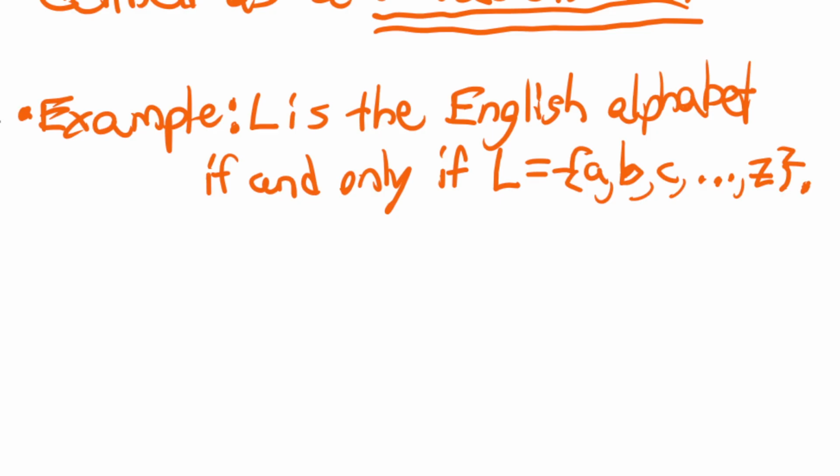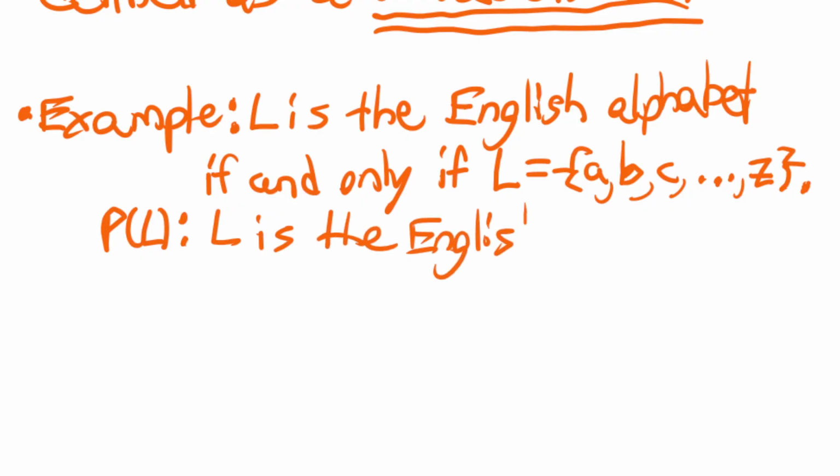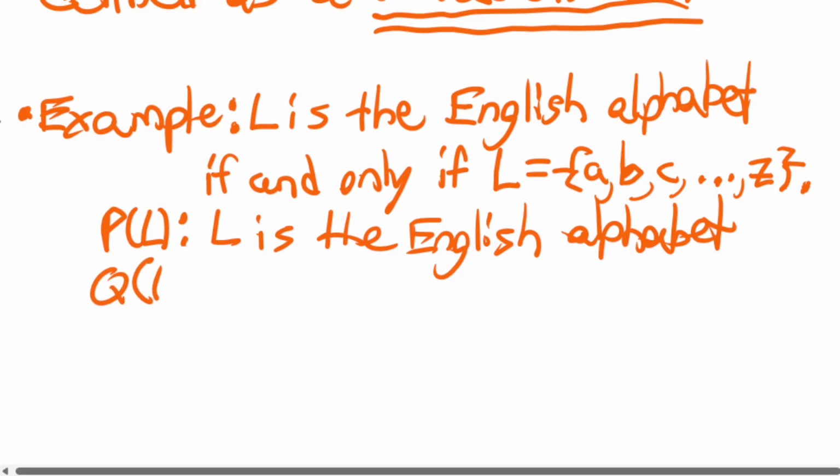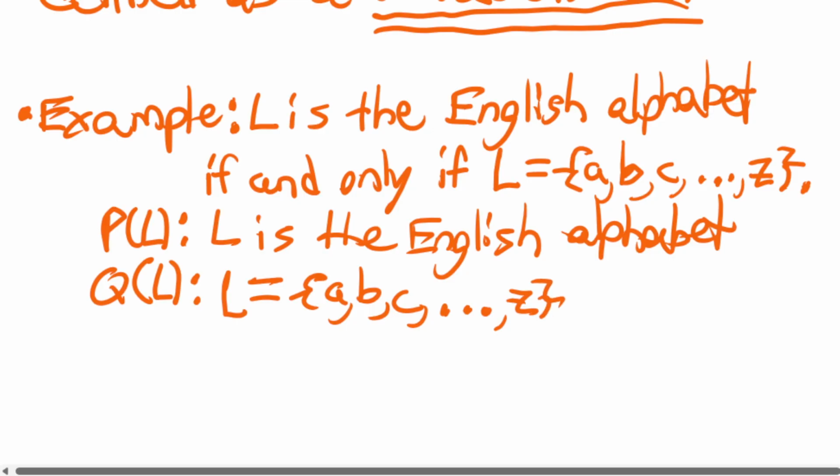So let's break this down and look at the statements being stated here. So we have P of L: L is the English alphabet. And then we have Q of L, which is just L is the 26 letters of the English alphabet.